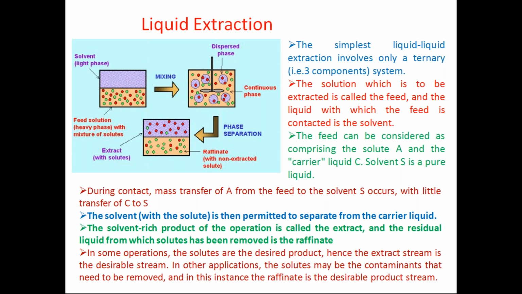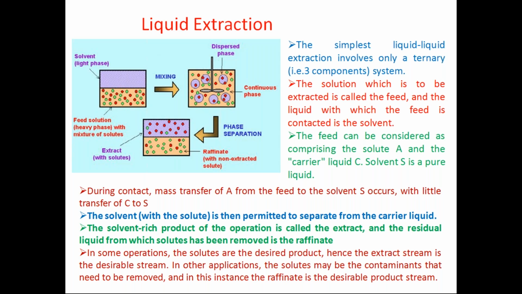Therefore, the phase which you bring in contact with the water phase, the aqueous phase, is called the organic phase. And this organic phase and aqueous phase both will be mixed in a mixer like this, which is shown in the second diagram, where all three components will be mixed together.